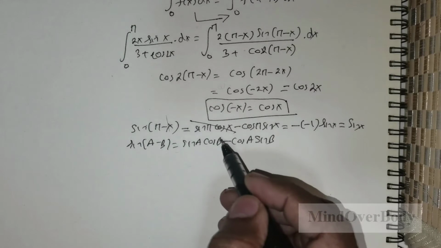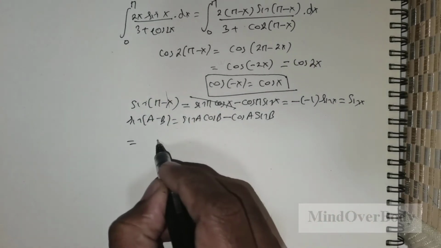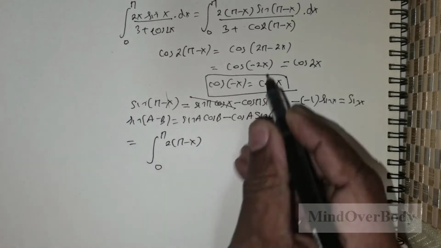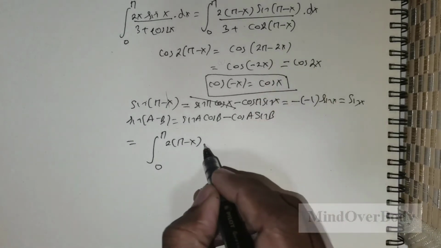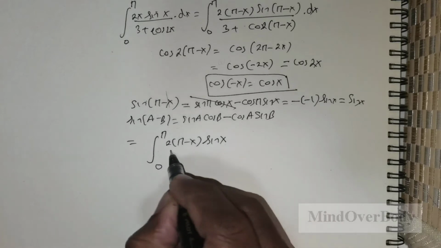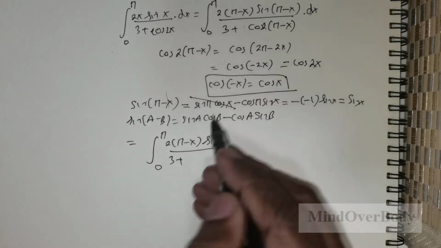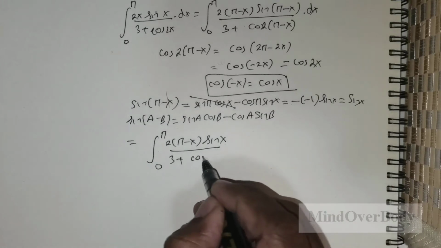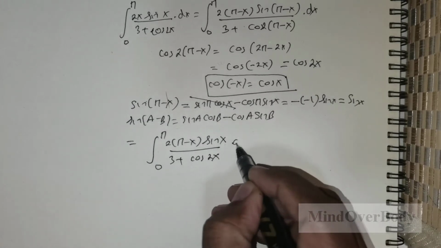So on the right side, this is going to be equal to integral 0 to pi by 2 of (pi minus x) times, in the place of sine of (pi minus x), sine x, divided by 3 plus, in the place of cos 2 of (pi minus x), cos 2x, times dx.